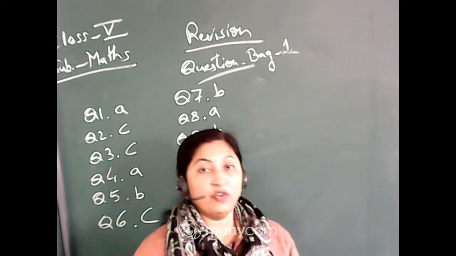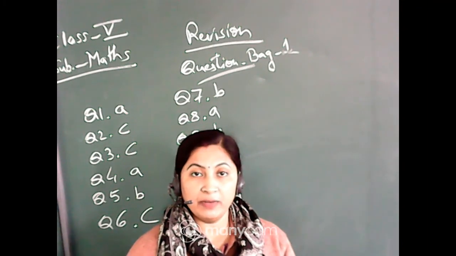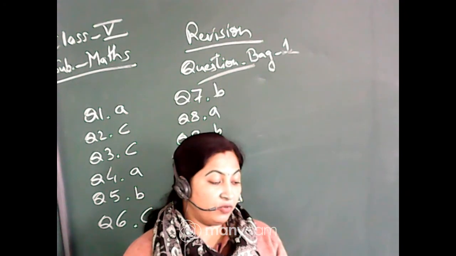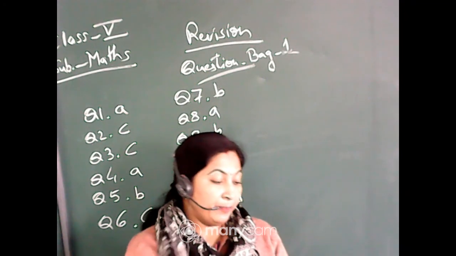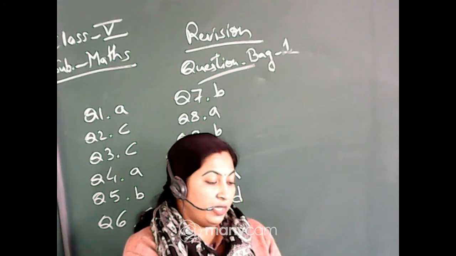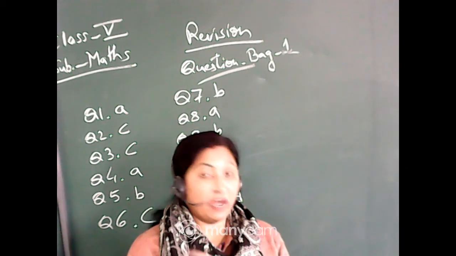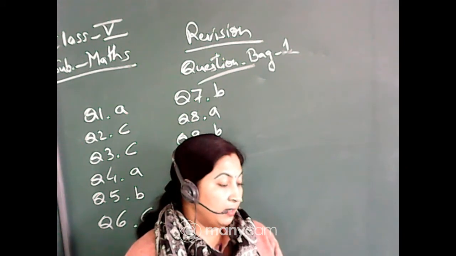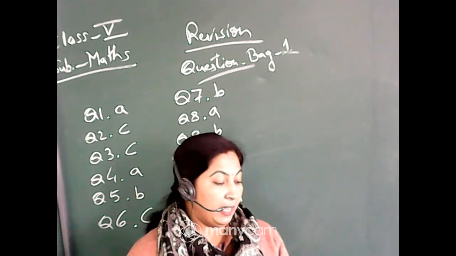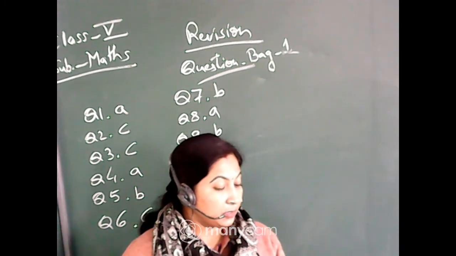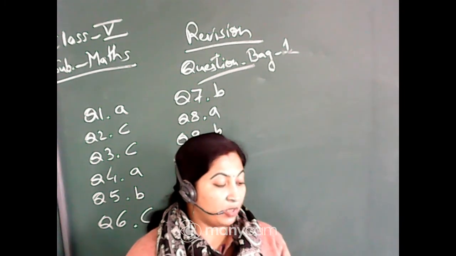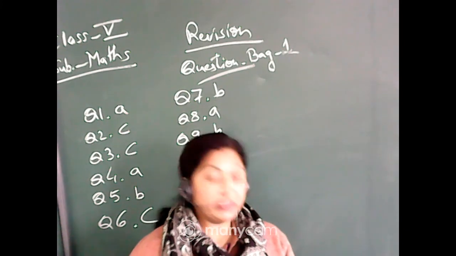Obviously 0.04 has only 2 digits after the decimal. Now you have to take such a number which should have 4 digits after the point. So naturally 4 4s are 16, and so you will take option number A, because after the decimal there are 4 digits.